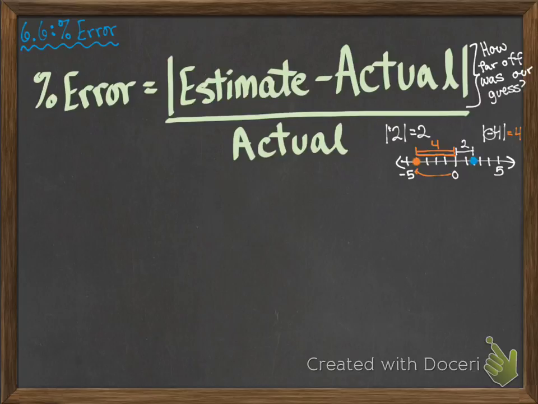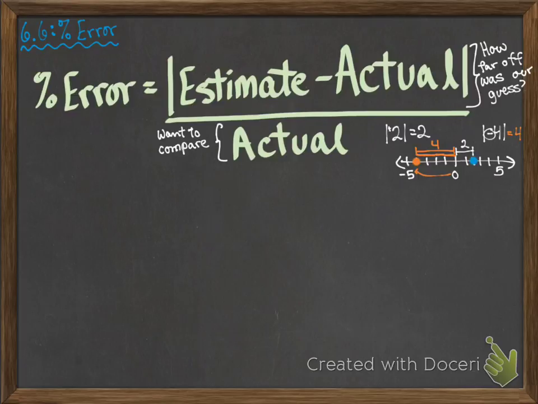Why is the actual amount your denominator? Because we want to compare our guess to the actual amount. We don't want to compare our guess to our guess.